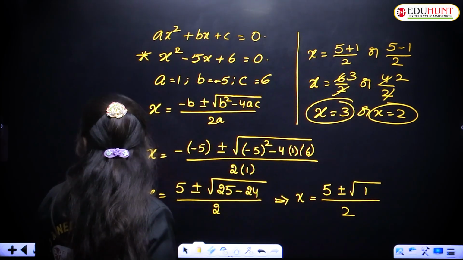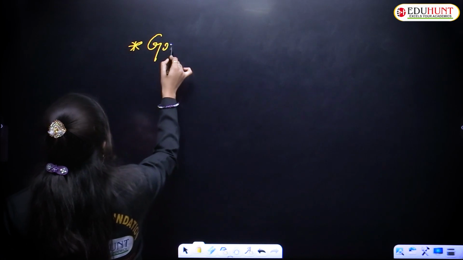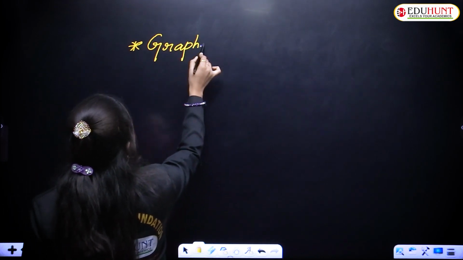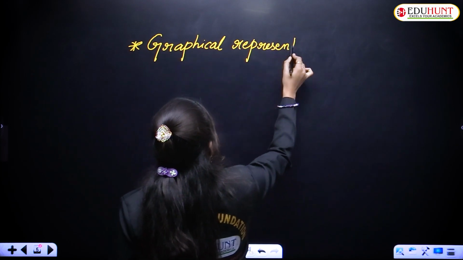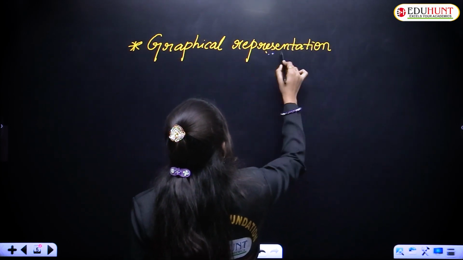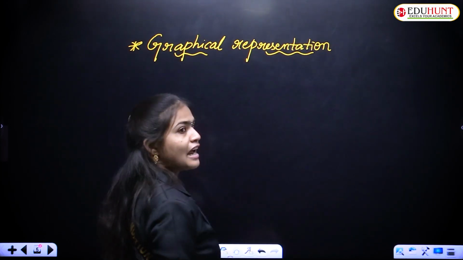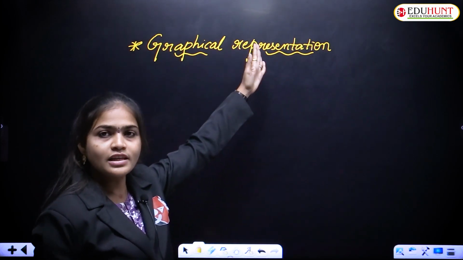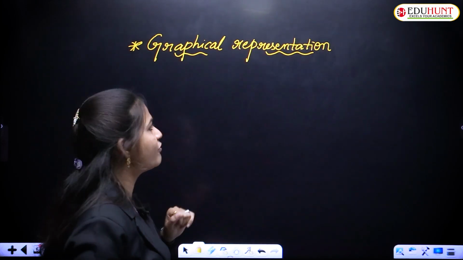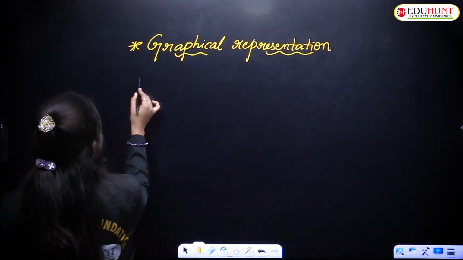See here, the next one is graphical representation. In that name only, what is there? Graph. So by using the graph, how do we solve it? Here we have some steps.